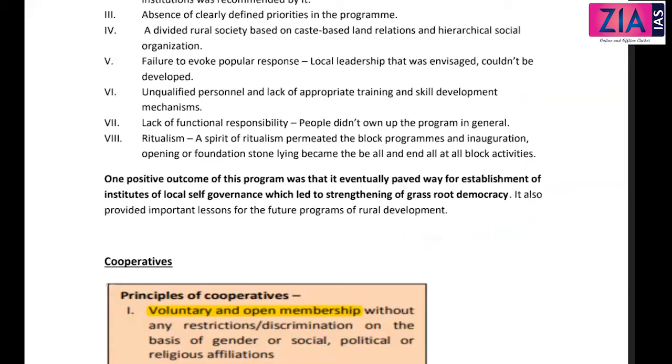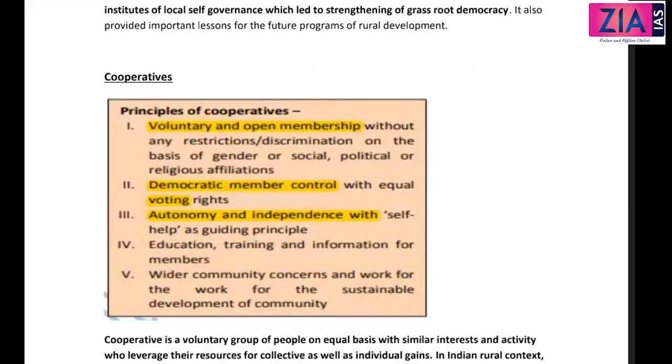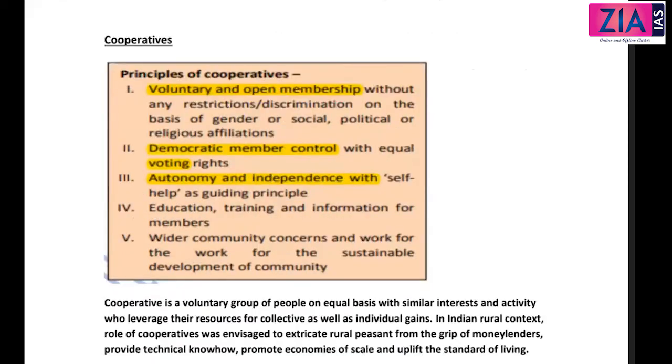But what is the positive impact that actually led to the Panchayati Raj institutions or the local self governance? Okay, and led to strengthening of grassroots democracy. Now cooperatives means what? As per this fundamental right, you can form cooperatives on any, like a group of members.